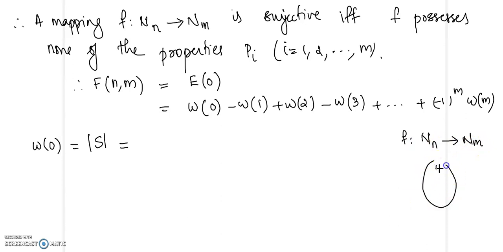So in the domain you have n elements and here you have m elements. So 1 can be mapped to all the m elements. So you are having the elements 1, 2, etc. up to n.